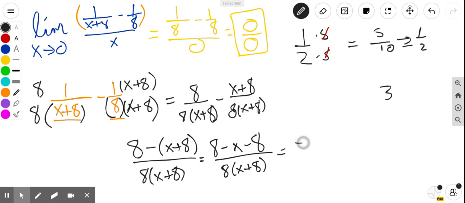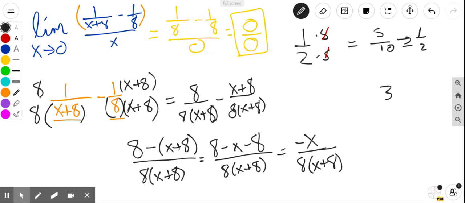So we end up with a negative x over 8 times an x plus 8. Okay? So all this work was just to figure out what the numerator of the original problem was.